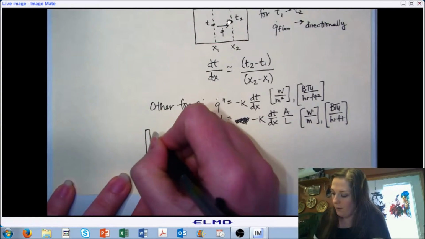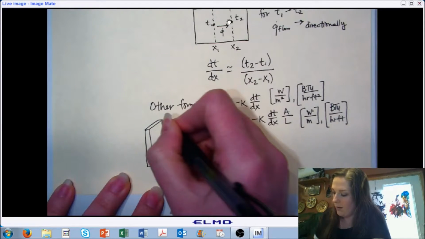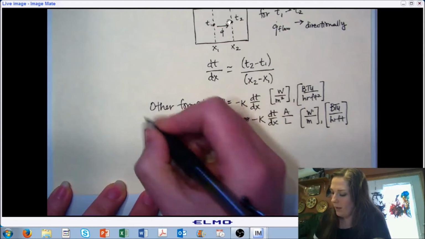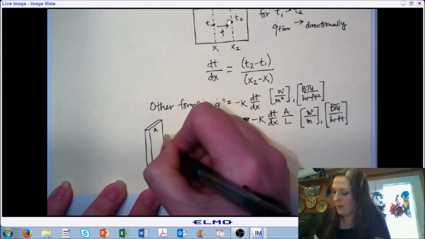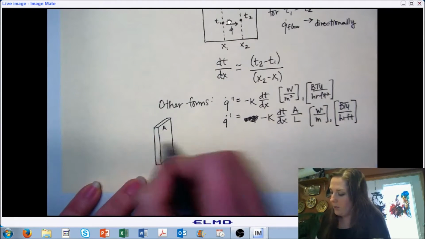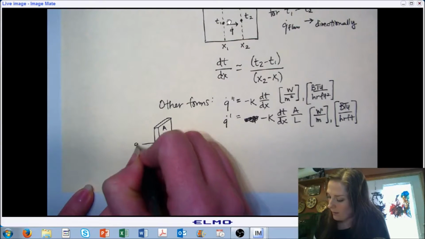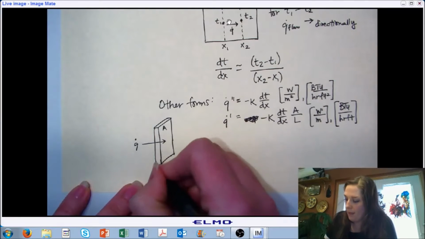So if we have a wall section, and it has a surface area A, so this facing surface, and we have some heat transfer going through it. So we have heat moving from one side of the wall to the other side of the wall.